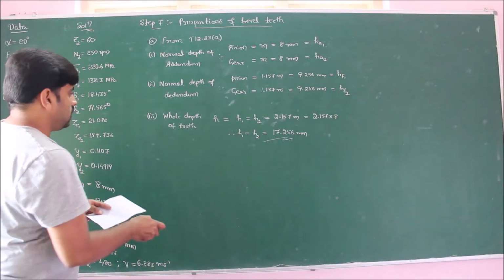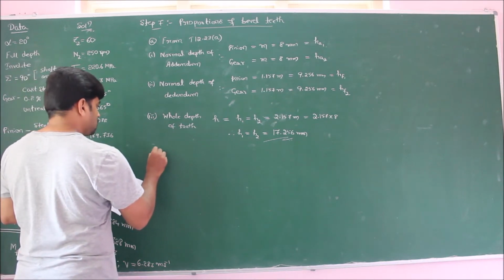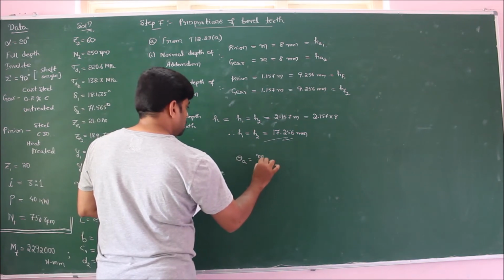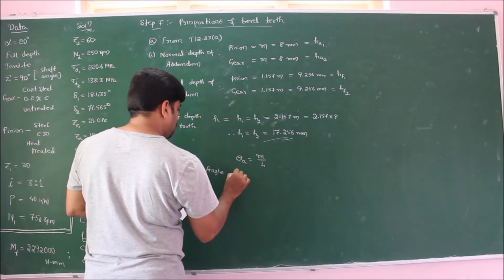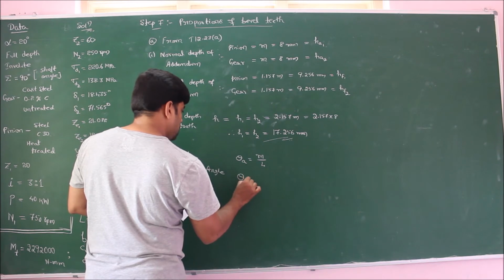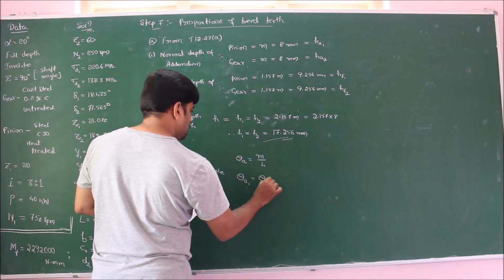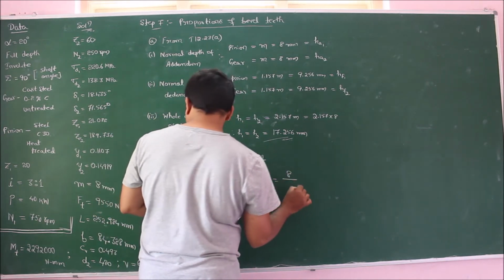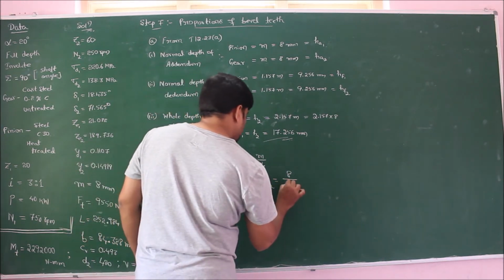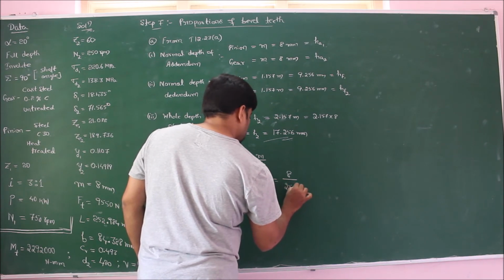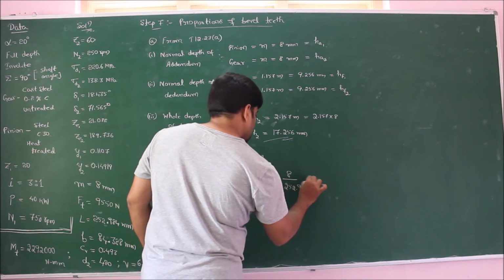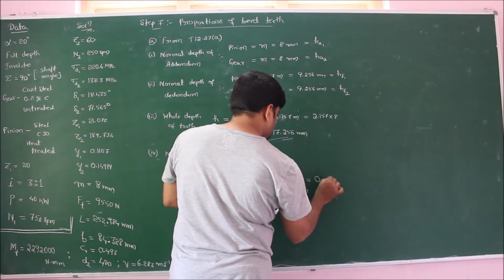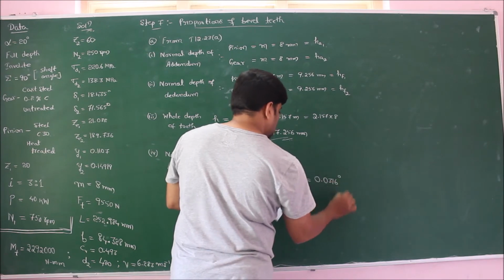Now, coming to the fourth parameter, that is normal addendum angle. Theta A is equal to m by L. So for both pinion and gear, with module 8 and length 252.984, solving which I'll get the value as 0.0316 degrees.